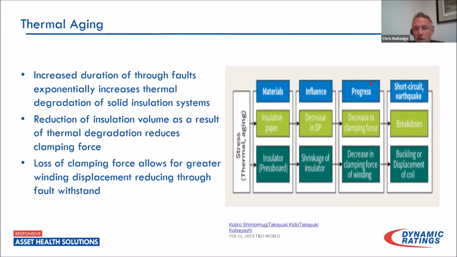As these through faults occur, we start to see this solid insulation system degrade, and we actually start losing mass. And with that loss of mass, we lose clamping force, which greatly reduces our through fault withstand value.